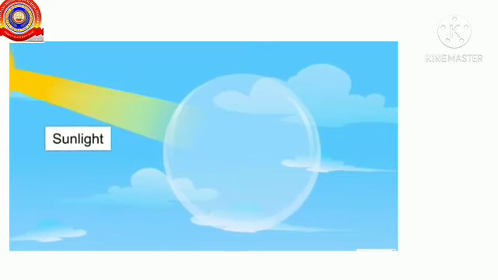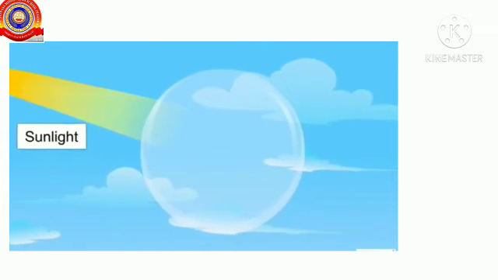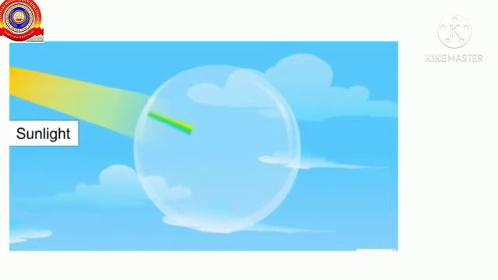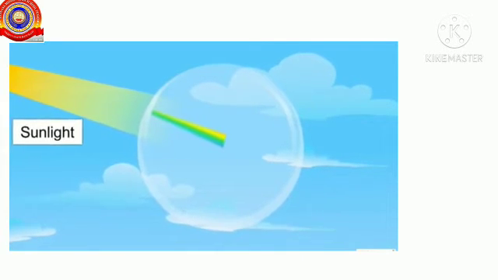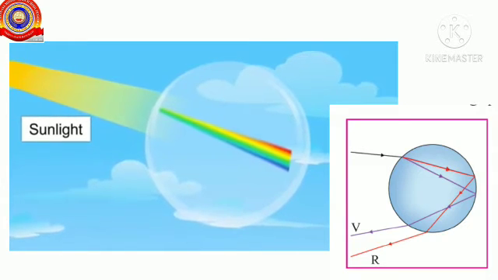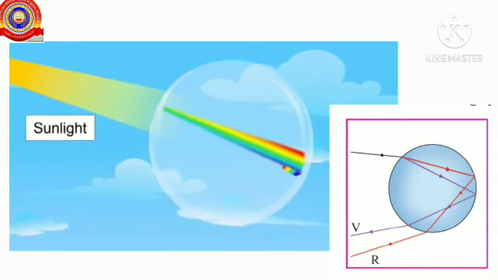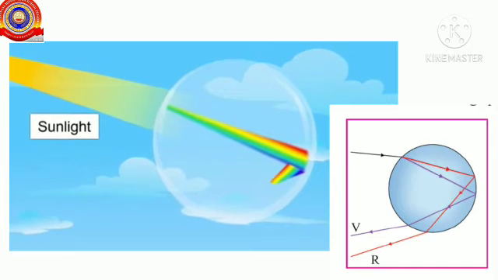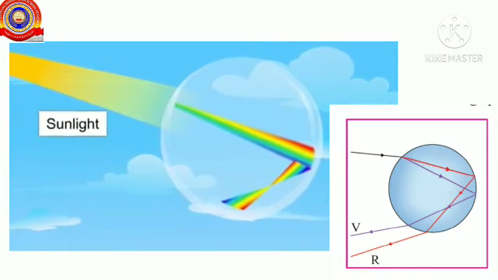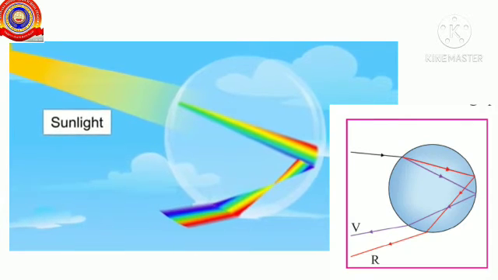As soon as the sunlight enters a water droplet, it splits into its 7 constituent colors, that is VIBGYOR, within the drop. When this band of light strikes the other edge of the drop, it gets reflected internally towards the first edge of the drop.